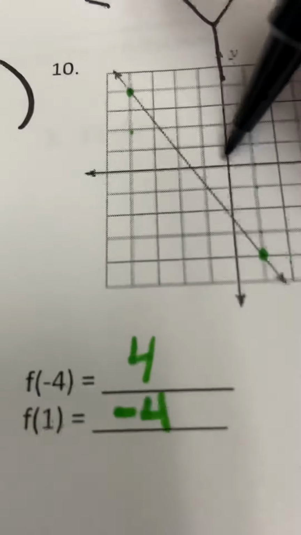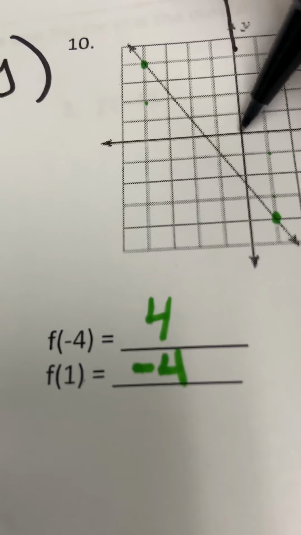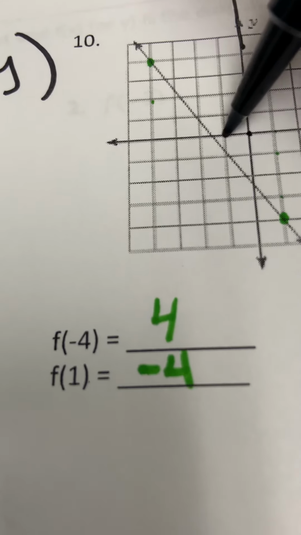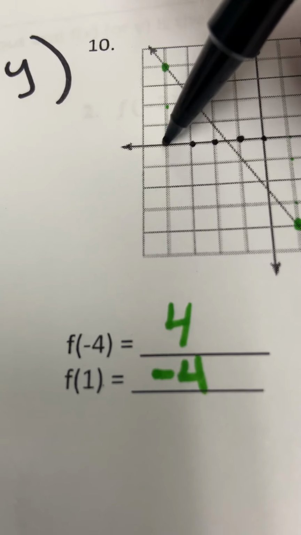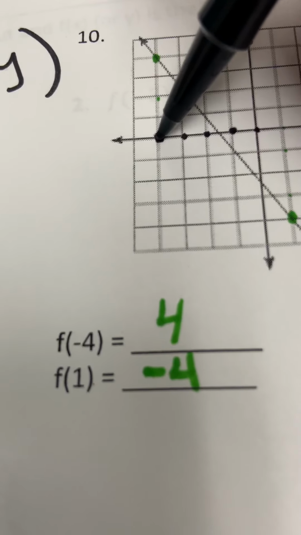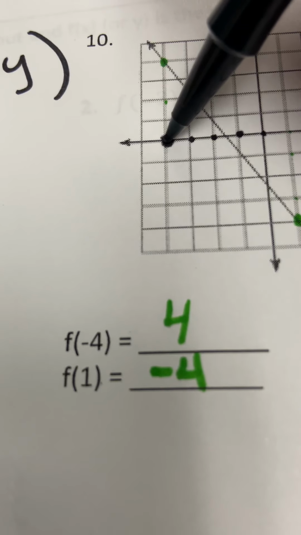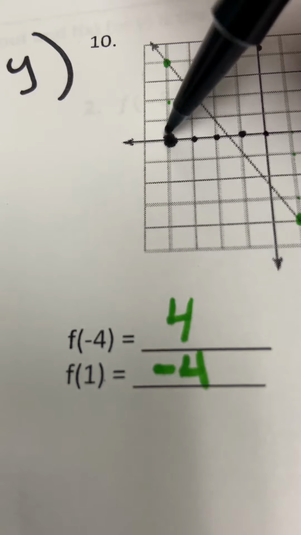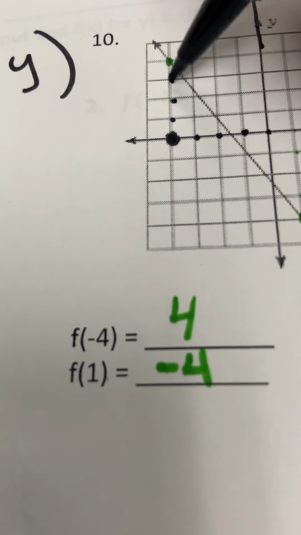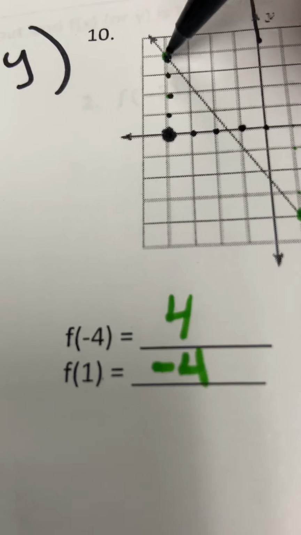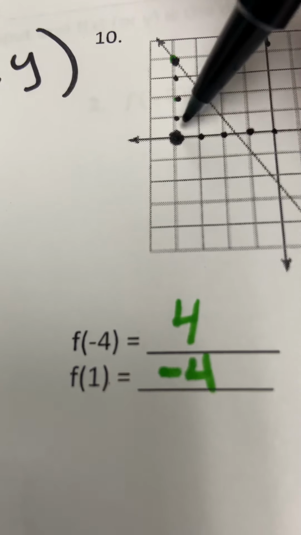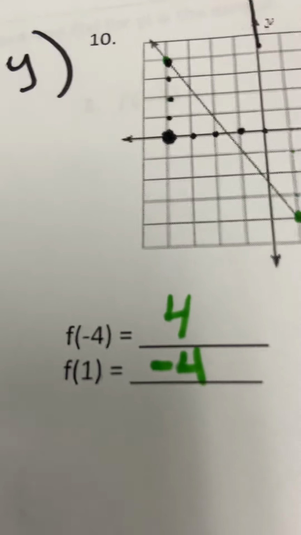So I'm going to go to my x-axis, 0, 1, 2, 3, 4, that's negative 4. And then I'm going to find where my y crosses, and it actually is going up. So 0, 1, 2, 3, 4. So my y value is 4 when my x is negative 4.